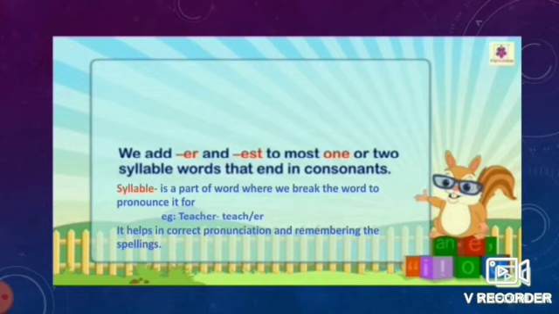A syllable is a part of a word where we break the word to pronounce it. For example, teacher. How do we break this word? Teach and er, teach-er. It helps in correct pronunciation and remembering the spellings. Okay, students?